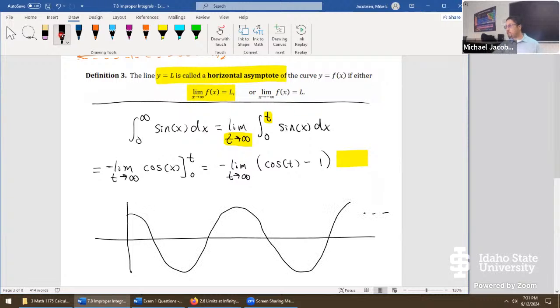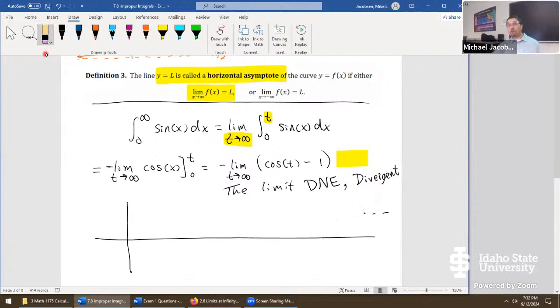And that means the limit does not exist, or DNE for our common shorthand in calculus 1. We would say here, divergent. Well, it needs a finite number. Range is the way to think of it, yeah, for y values.